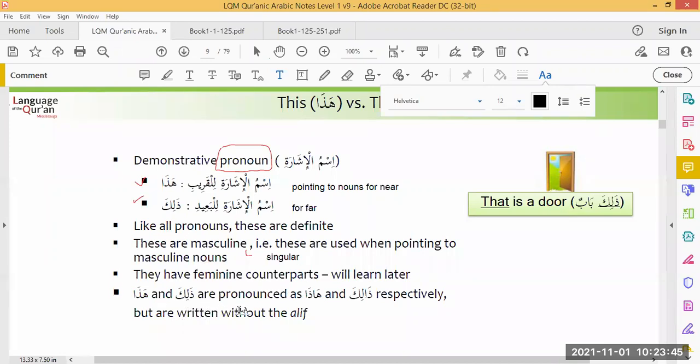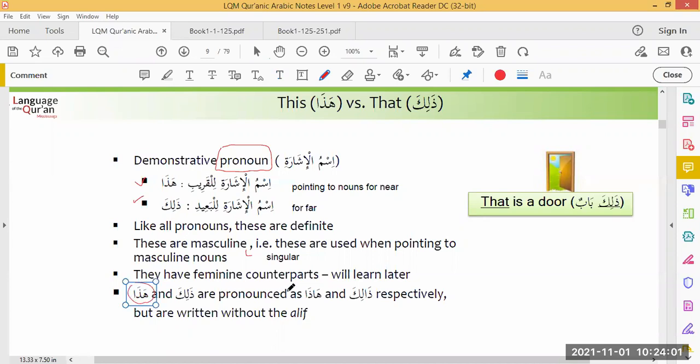And haza and zalika are pronounced like this. Haza: there is an alif that we pronounce, but we don't write it. The writing of haza is like this, but the pronunciation of haza is like this. Same with zalika, we write it like this; we don't write the alif, but we read the alif like this.